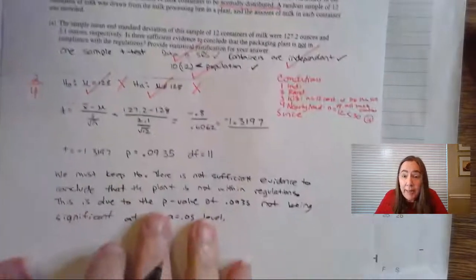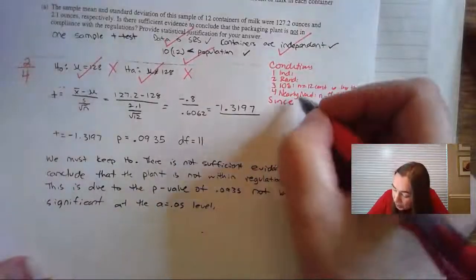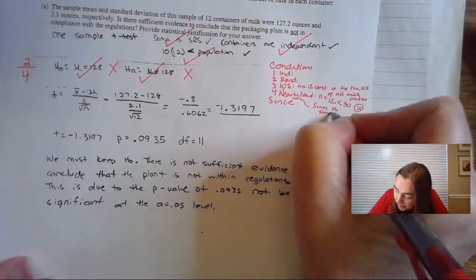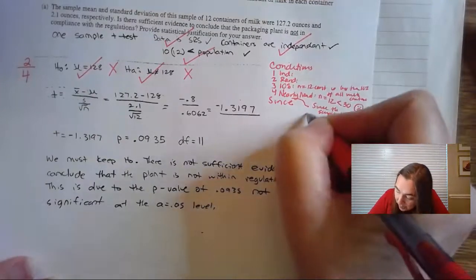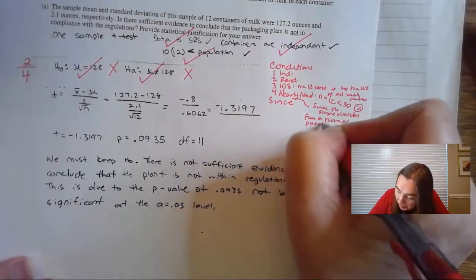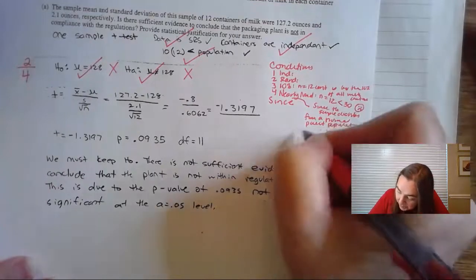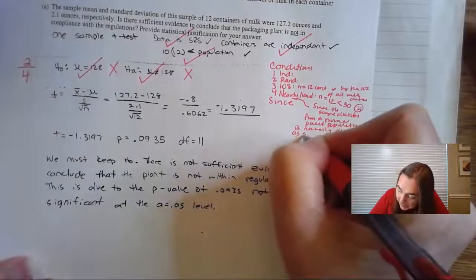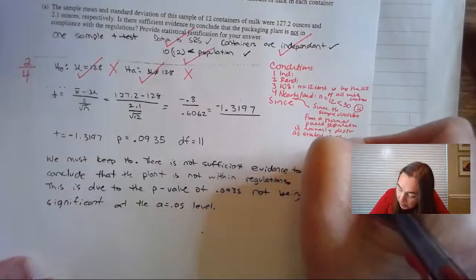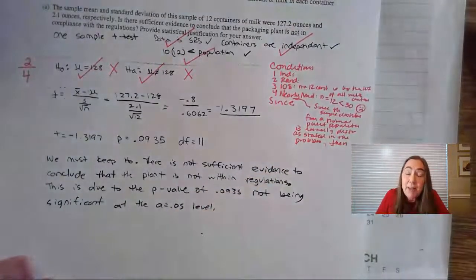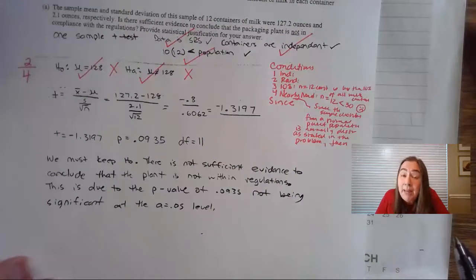So that means I know that the samples are also going to be normal. What I'm looking for here is, in the nearly normal condition, since the sample distribution from a normal parent population is normally distributed as stated in the problem, and then we get to the good stuff, then you can say that the sampling distribution of mean amounts of milk in the containers is nearly normal.